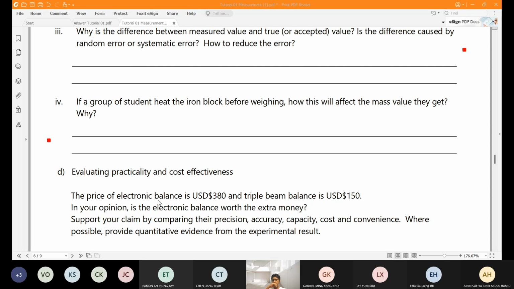When we are measuring one thing, we are inside the air, right? Me and you and everything is inside the air, and air is a medium, and it has its own density, it has its own buoyancy.